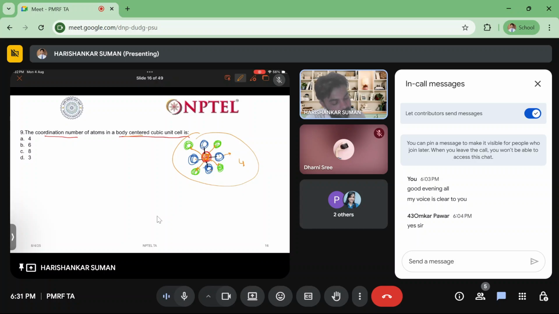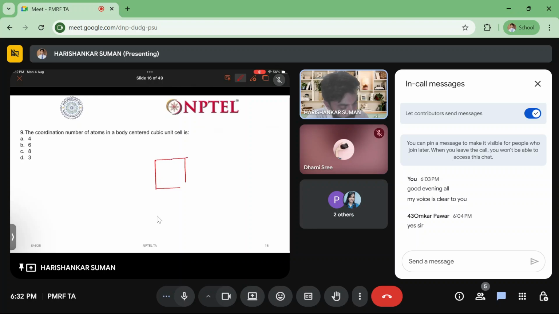But for body centered cubic, you have to find out. Let me draw body centered.